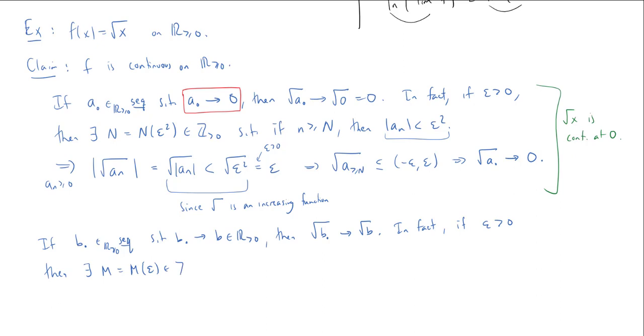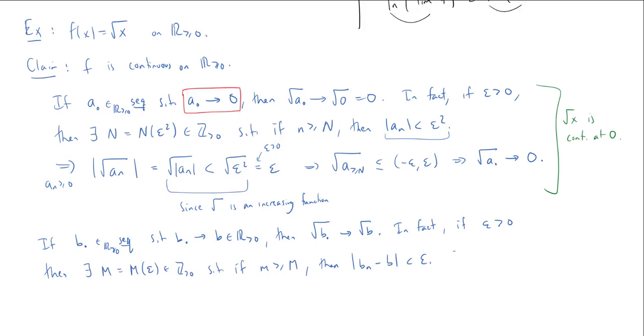Okay, so it's some positive integer, and then we're going to use here that B dot converges to B. So we know that if we go out far enough, we go into a tail of B dot, that we will get within epsilon of B. That is, a B coin will contain a tail of B dot. Okay, so there exists an M such that if little n is greater than or equal to big M, then the distance between Bn and B is less than epsilon.